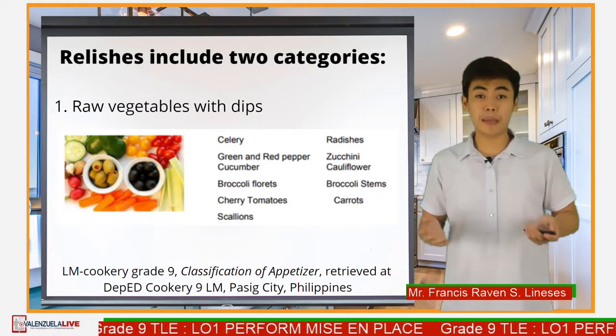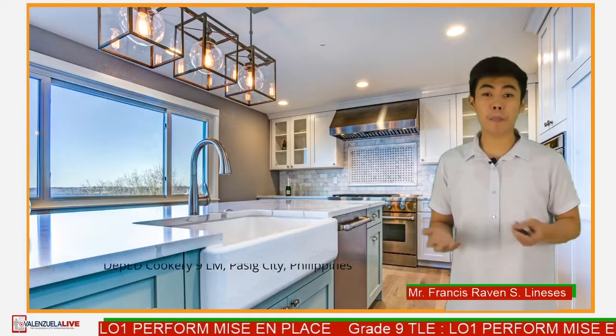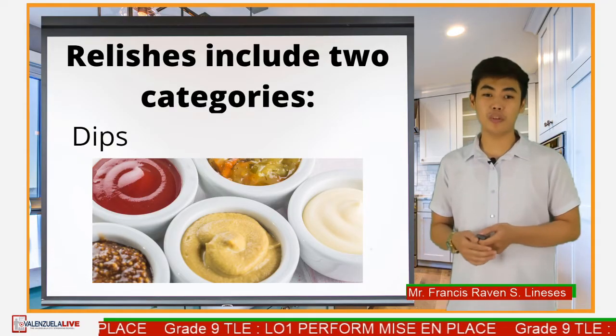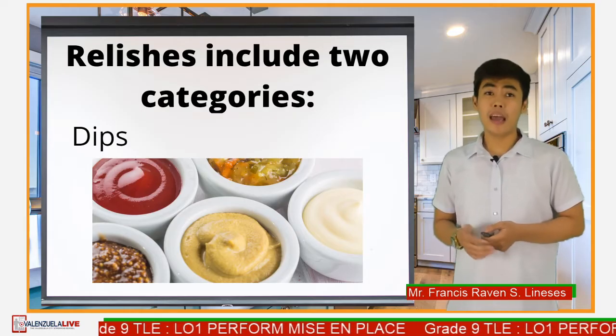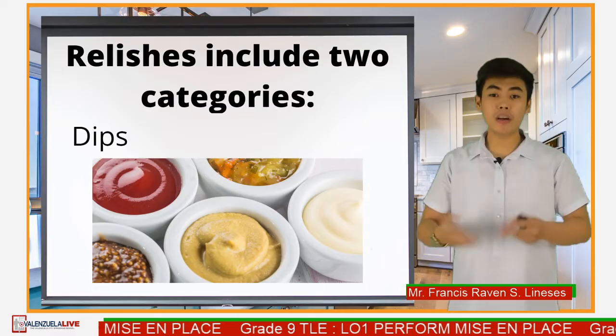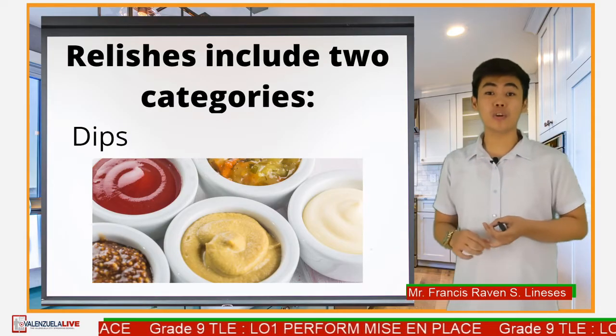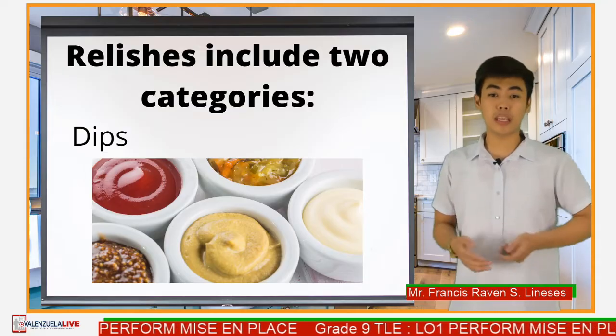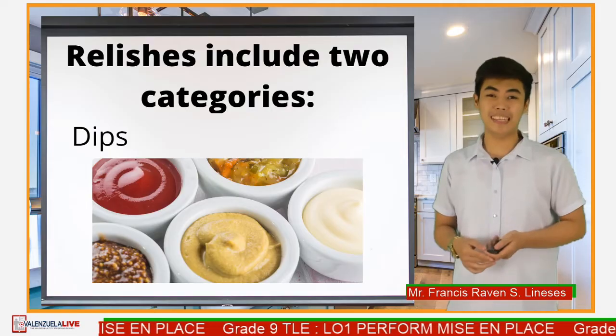It includes dips, which is an accompaniment to raw vegetables, and sometimes potato chips and crackers. Any mixture of dips should be in the right consistency. It is important that it should not be too thick and too thin.